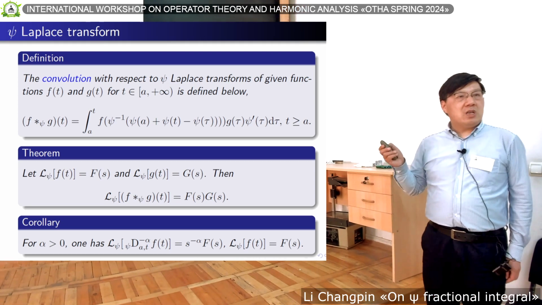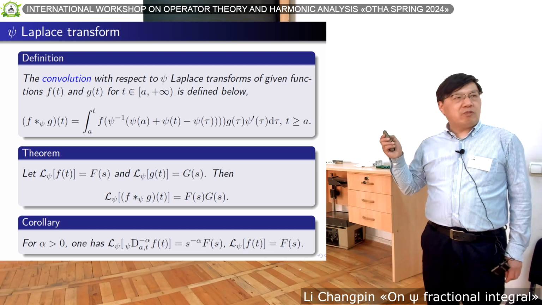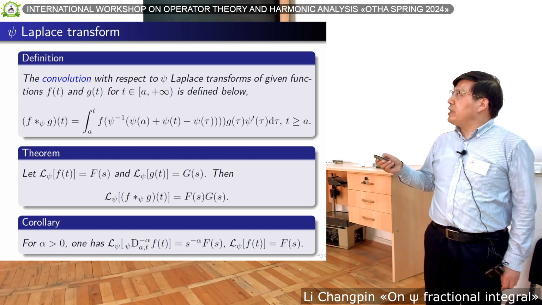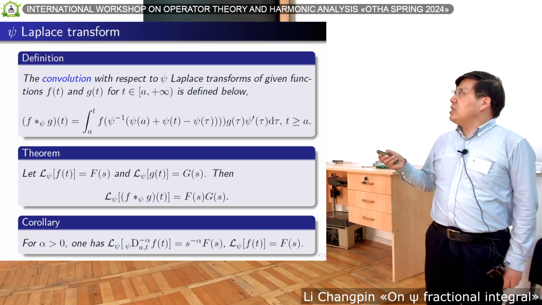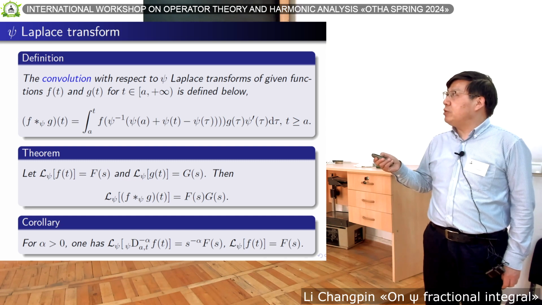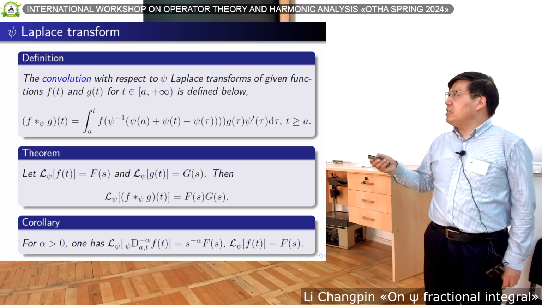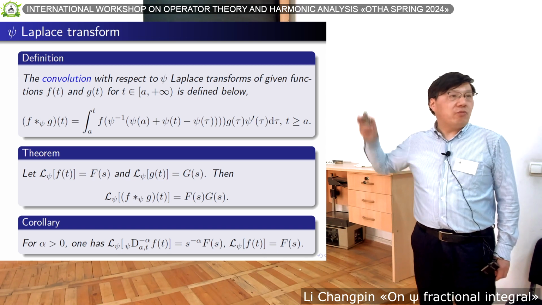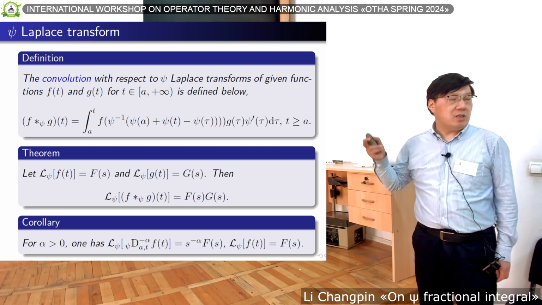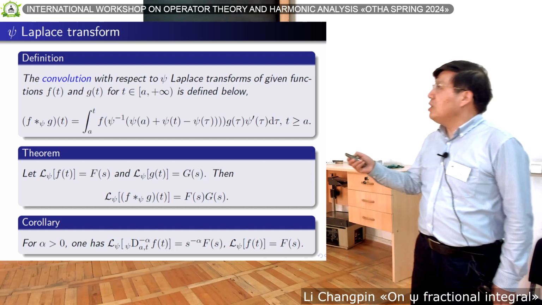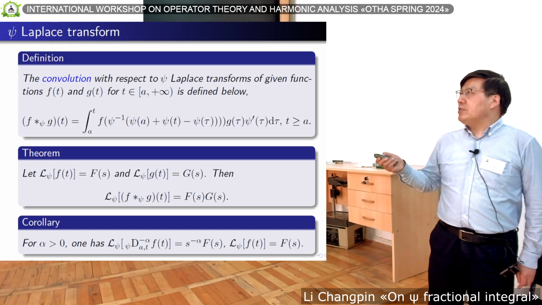Now, according to the definition of the Laplace transform, we can define the convolution with respect to the precise Laplace transform of given functions f(t) and g(t), given like this. Since psi is a strictly increasing function, its inverse exists. So we have the following theorem.